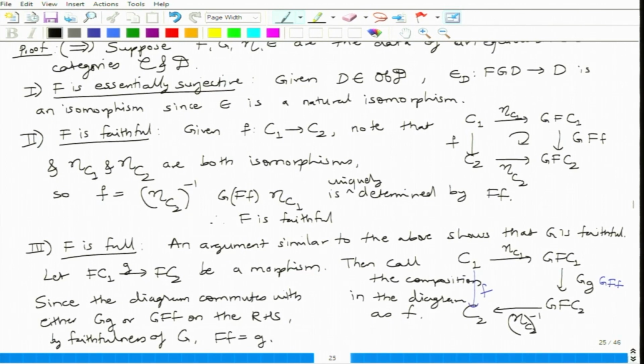So what did we show? That capital F is full. Therefore capital F is full.